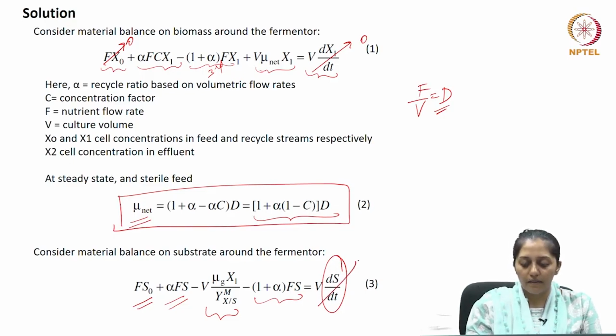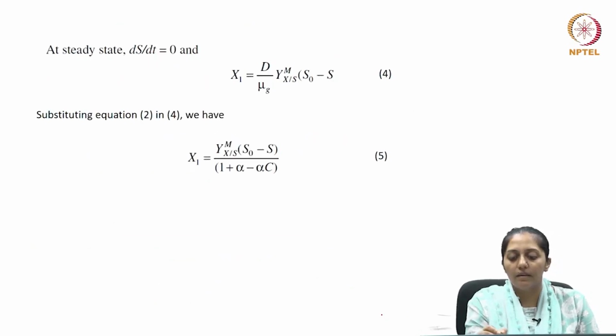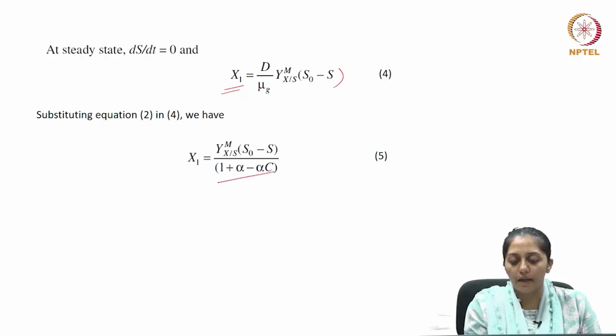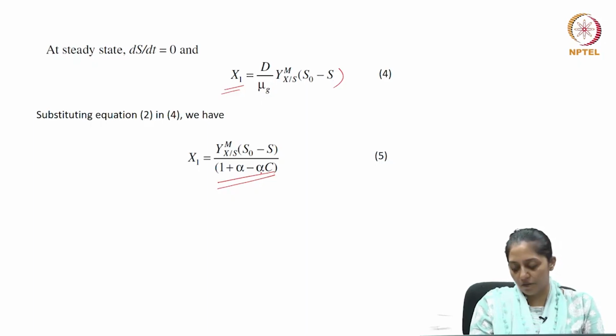At steady state again there is no accumulation, and if you do the rearrangement, putting F by V as D, then the correlation at steady state says that the biomass will be a function of alpha and C as well, unlike the chemostat in the absence of any recycle stream.